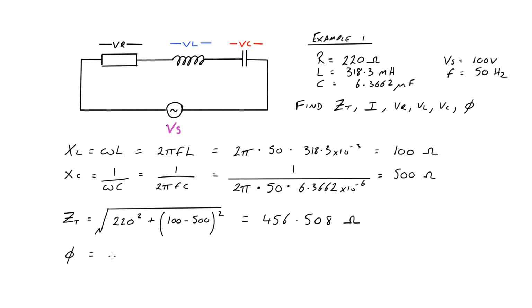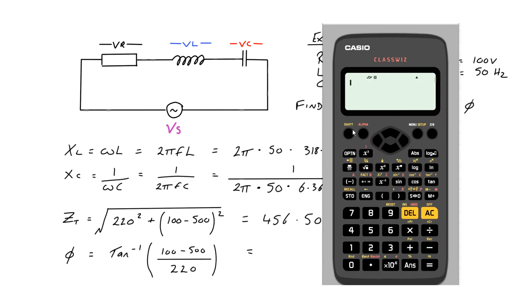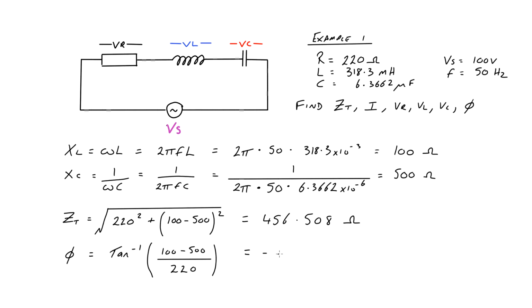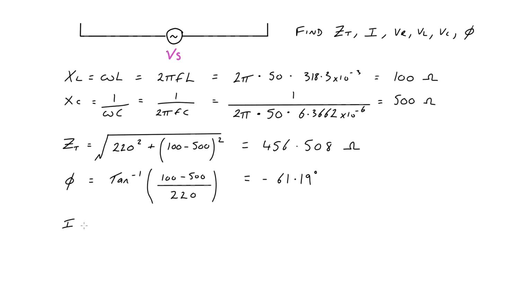Now we know the impedance, we can also find out the phase angle, which is tan to the minus 1 of the opposite side divided by the adjacent side. That comes out as minus 61.19 degrees. So that's how much the series current is leading the supply voltage. And the current is V over Z, which is 100 volts divided by the impedance of 456.508 ohms.